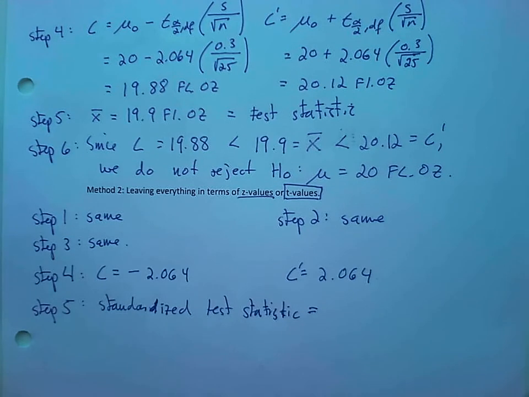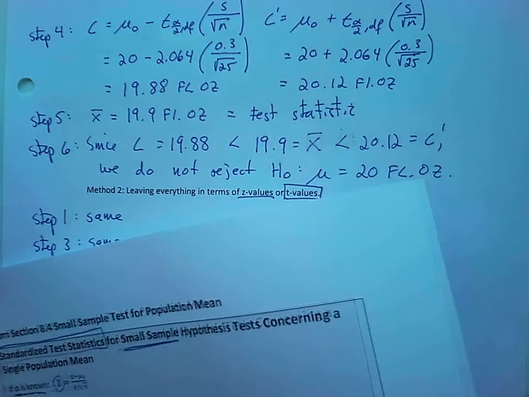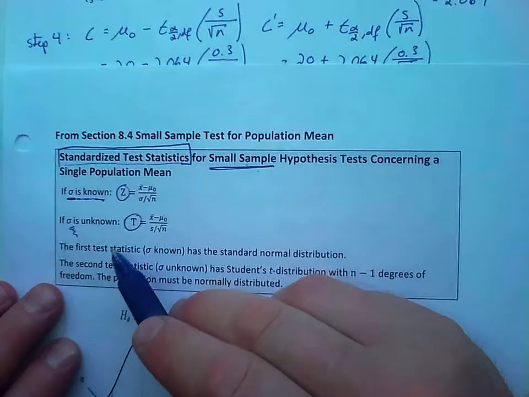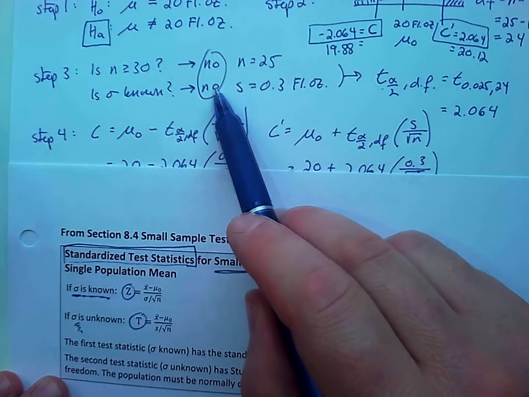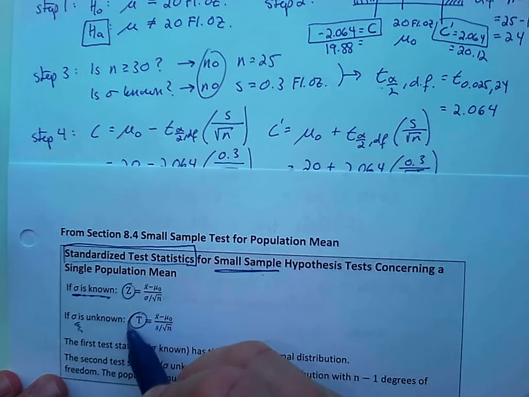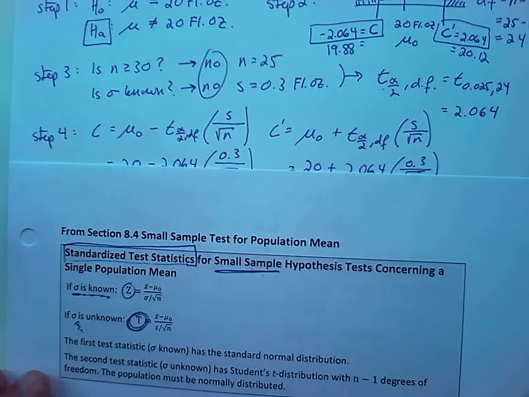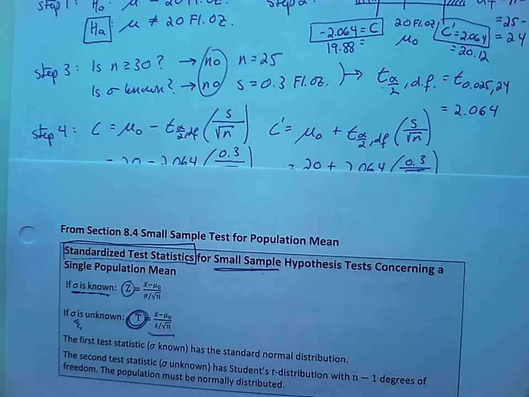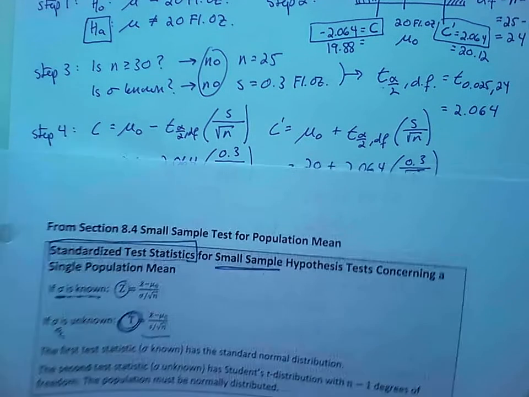And now, again, looking at the notes from before, whenever we have a small sample and sigma is unknown, like we have in this problem, our standardized test statistic is a t-value. And the formula that we're going to use to calculate the standardized test statistic is this formula right here.